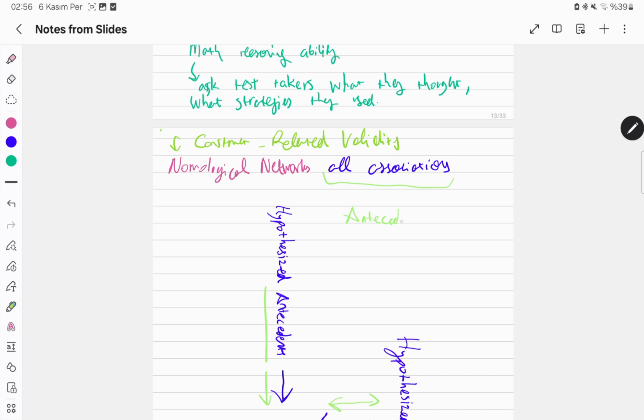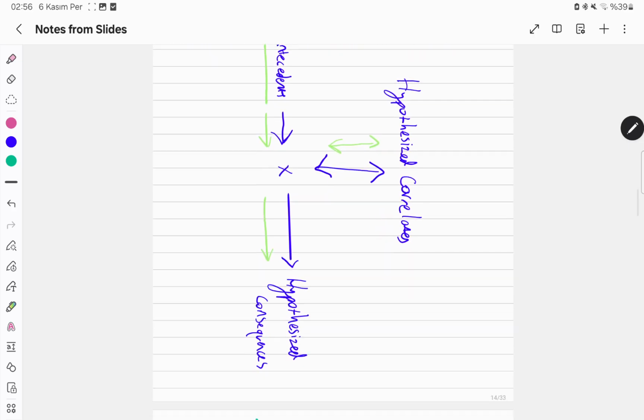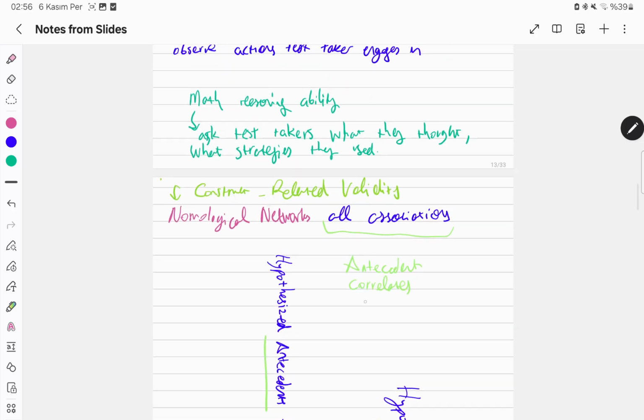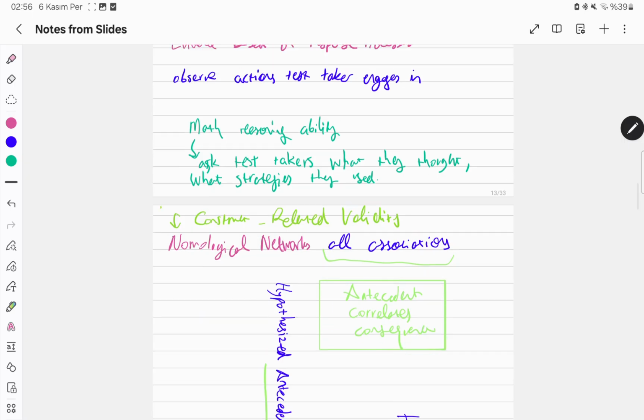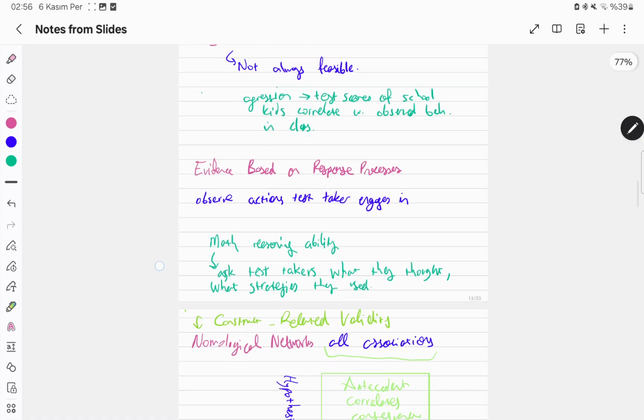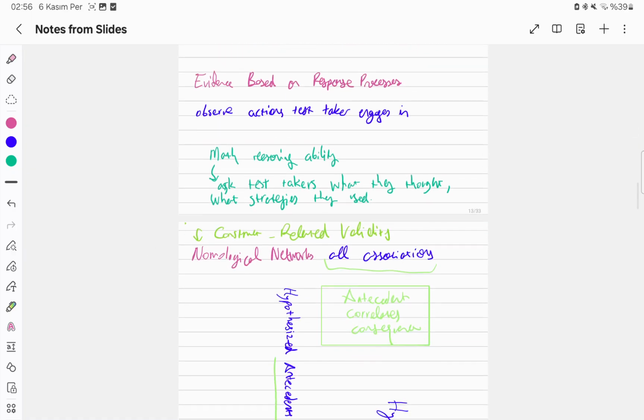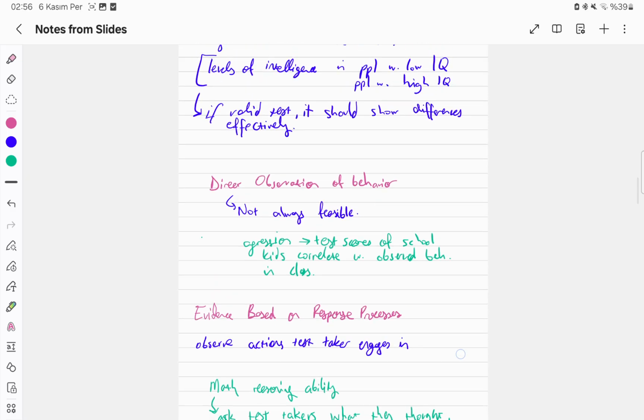There may be an antecedent, there may be correlates, and there may be a consequence. And this is something that we use in construct related validity, as we have explained.